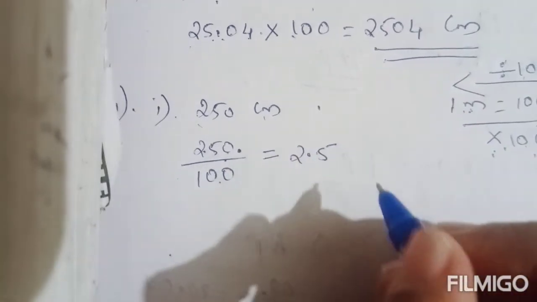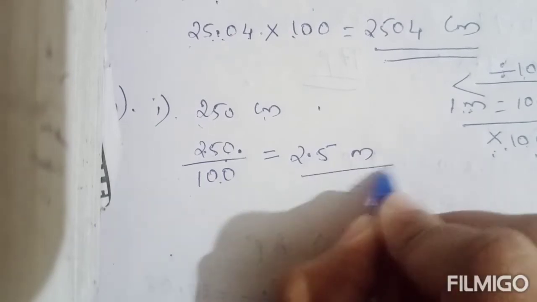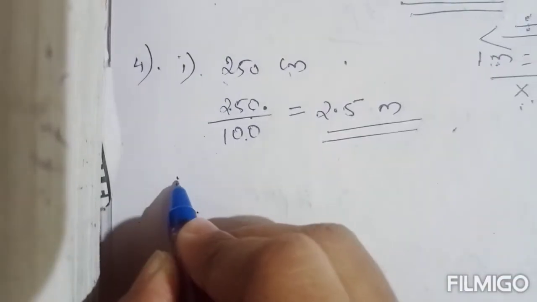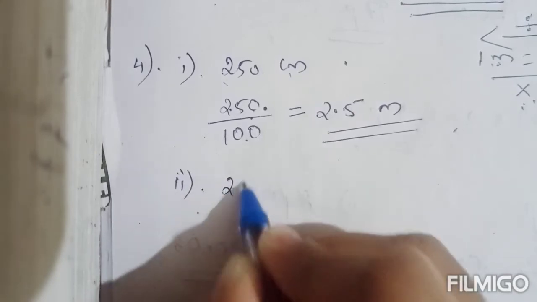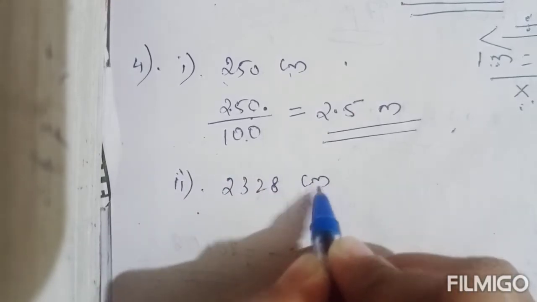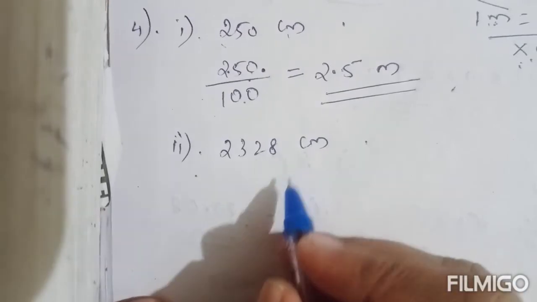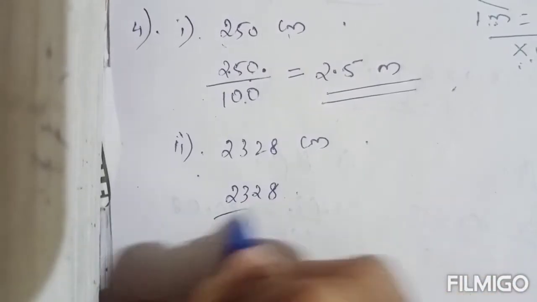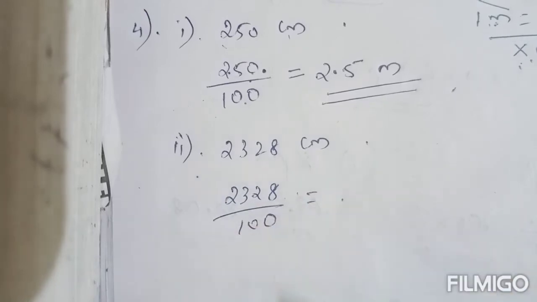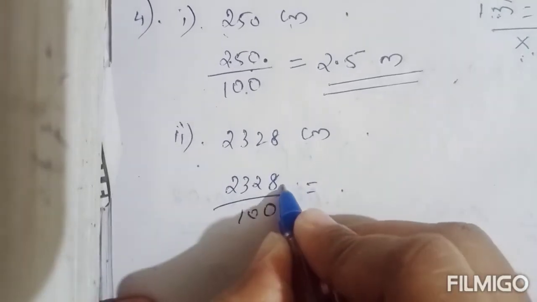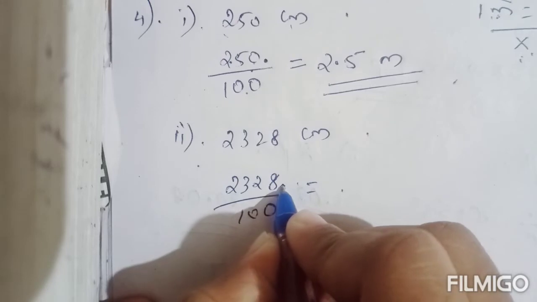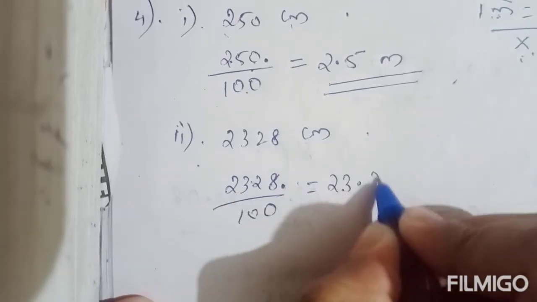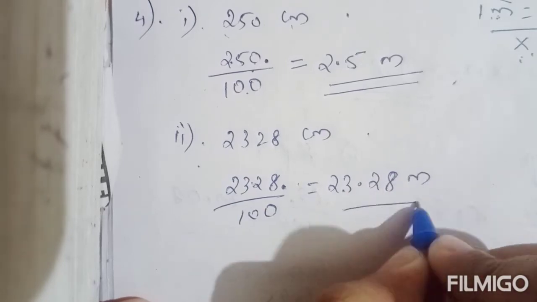You can just write 2.5 and the unit will be meter. Okay. Now in that second one, 2328 centimeter. So centimeter to meter, just divide 2328 by 100. The decimal point will move 2 places to the left. 1, 2. Here. 23.28 meter.